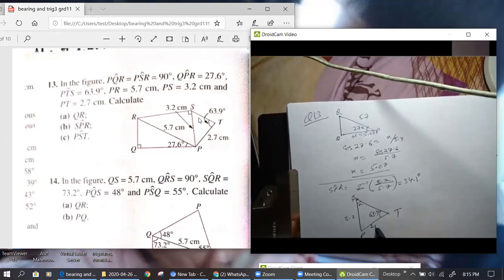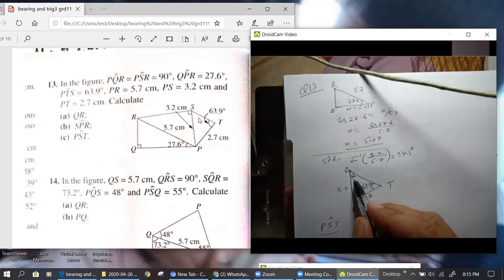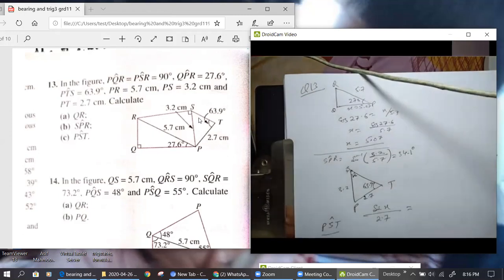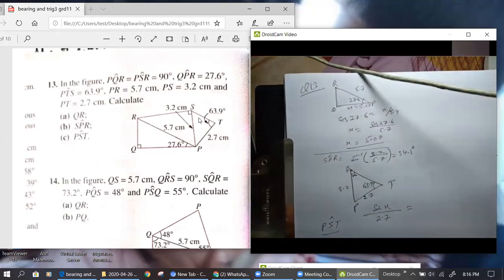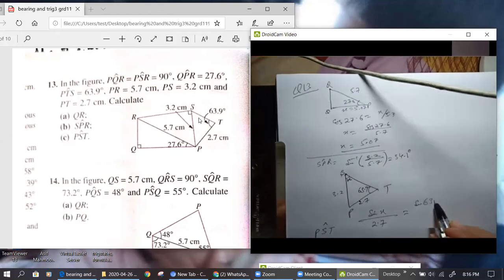So what will you use? Quickly tell me. This is a non-right angle triangle, and you need to calculate this angle. Sine rule. Yeah, very nice. So we will apply the sine rule. Sine x divided by 2.7 equals sine 63.9 divided by 3.2.